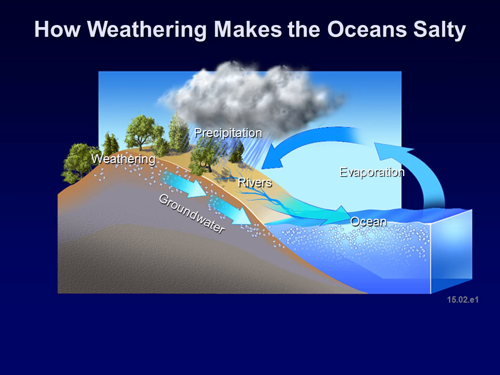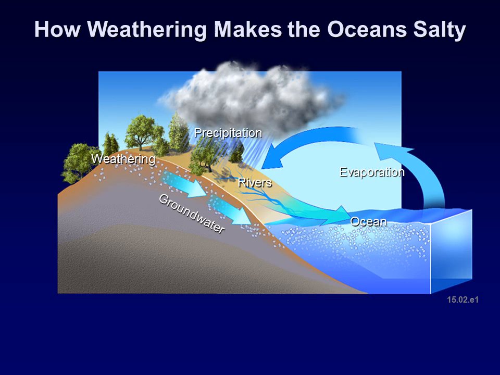How weathering makes the ocean salty? The simple answer to the question, why is the ocean salty, is just that the land surface is being broken down through the process of weathering, and the minerals are being redistributed from the land into the ocean.